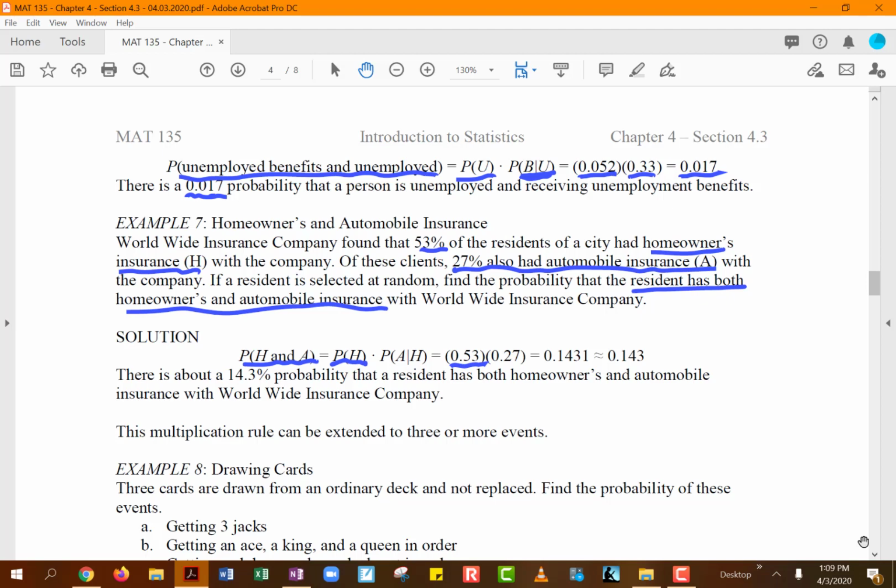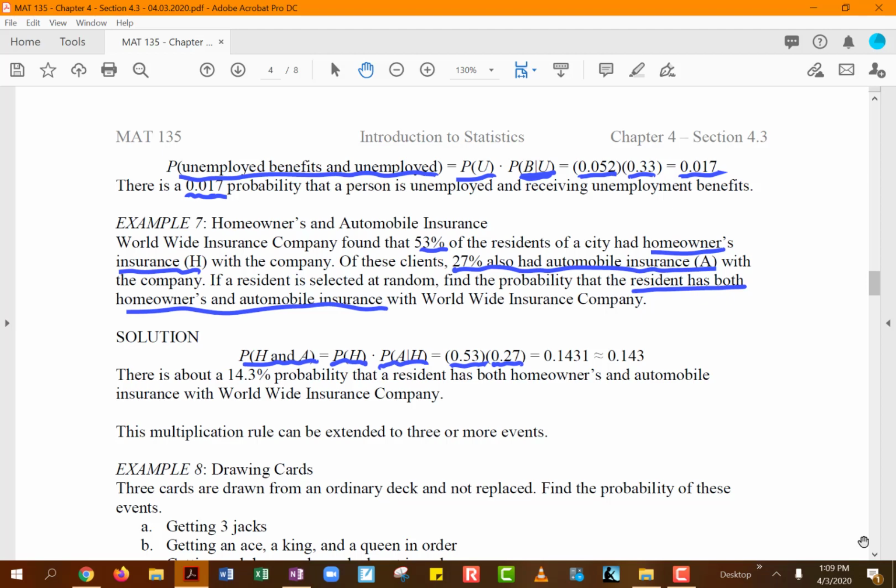And then for our second event, that's going to be people who already have homeowners insurance also have automobile insurance, and that would be a conditional probability, right? Because the condition is they have automobile given that they already have the homeowners insurance, and that of course they're telling us is 27% or 0.27.